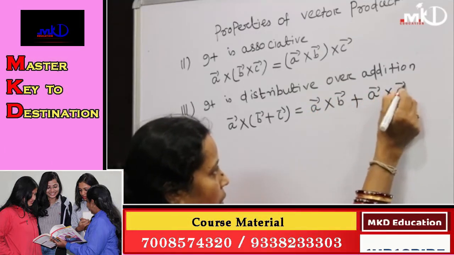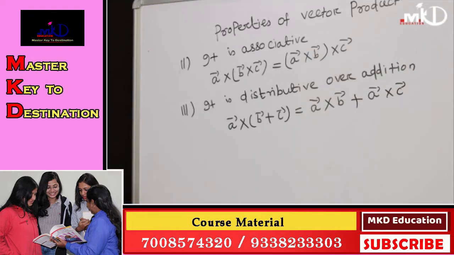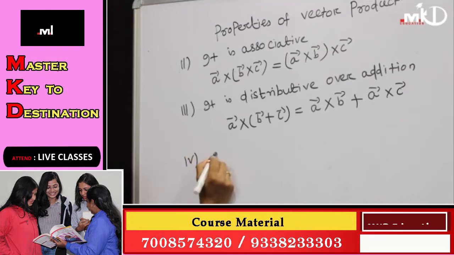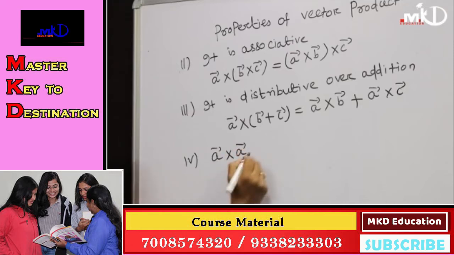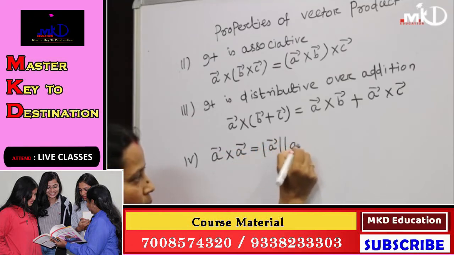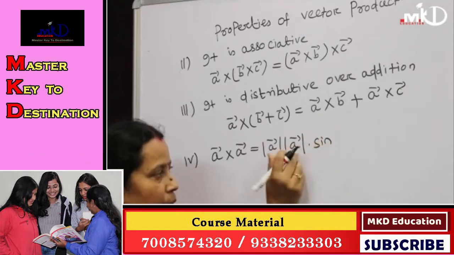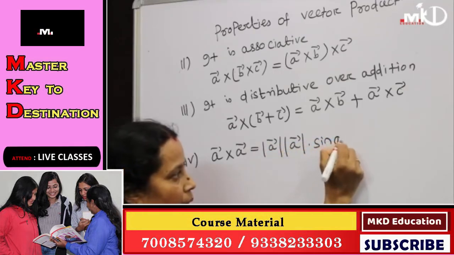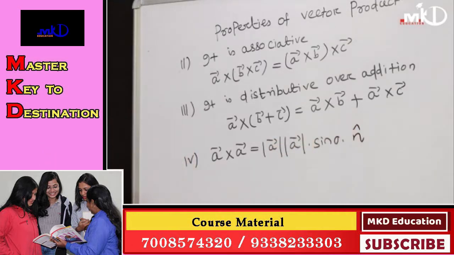Now, if I find the vector product of two similar vectors, that is A bar cross A bar, it is equal to modulus of A bar into modulus of A bar into sine of the angle which is 0 into the unit vector of this vector.